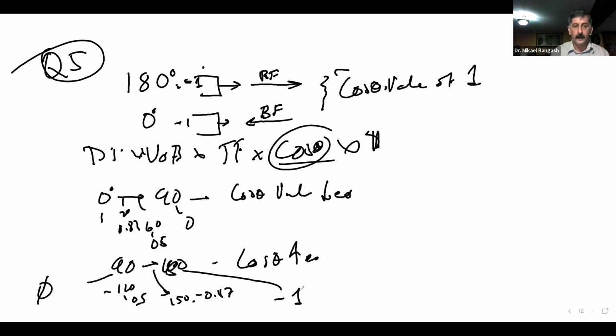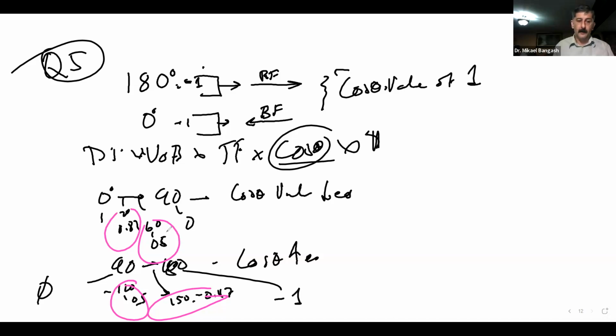But you don't necessarily have to remember the cosine theta value of these angles, and these angles here, likewise 30 and 60.